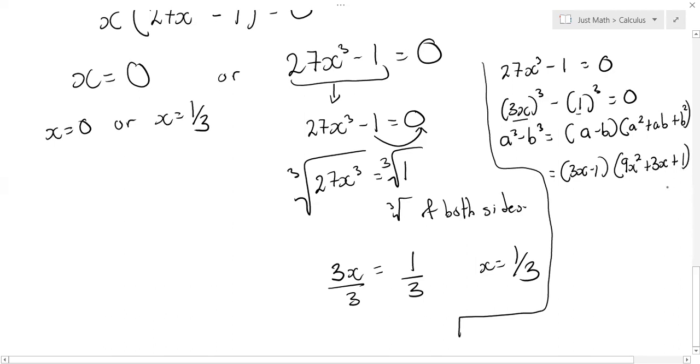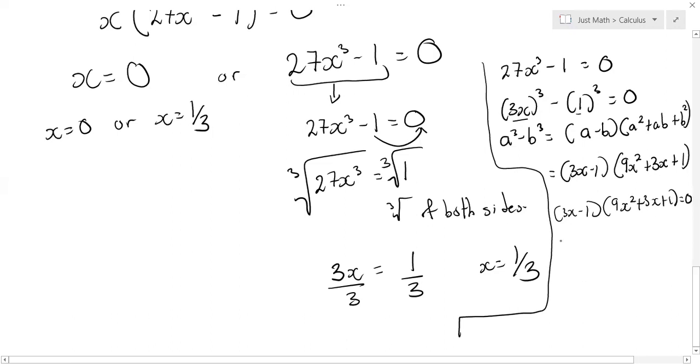All right, so we have 9x squared plus 3x plus 1. Now we have (3x minus 1)(9x squared plus 3x plus 1) equals 0.